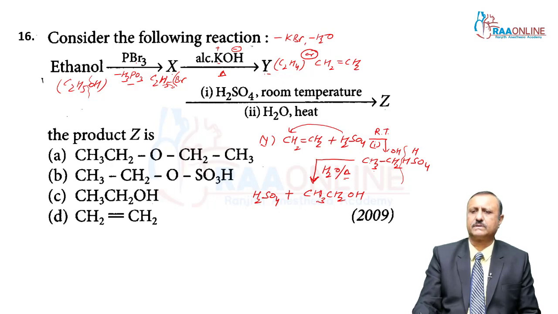Now here my dear students, you can also get ethyl hydrogen sulfate, but in the second reaction, this is further hydrolyzed to give ethanol. The first part, diethyl ether, is obtained when this ethyl hydrogen sulfate is heated up to 140 degrees Celsius.